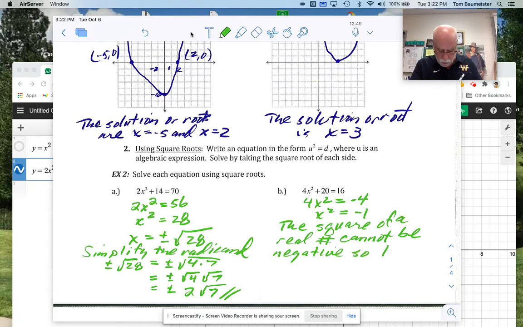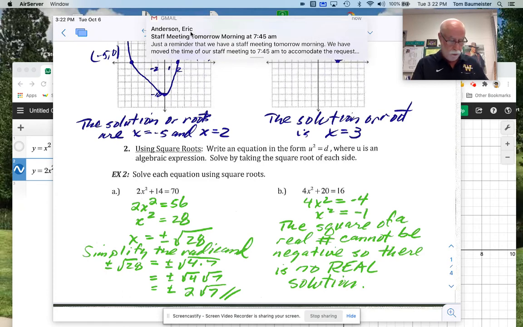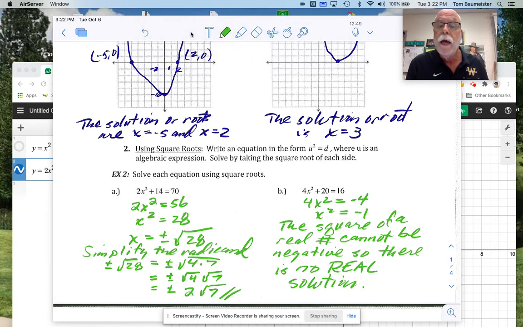So there is no real solution. Now notice I put real in capital letters there because, ladies and gentlemen, tomorrow I will have an answer, but it'll use imaginary numbers. All right, and I'll explain that in tomorrow's lesson.